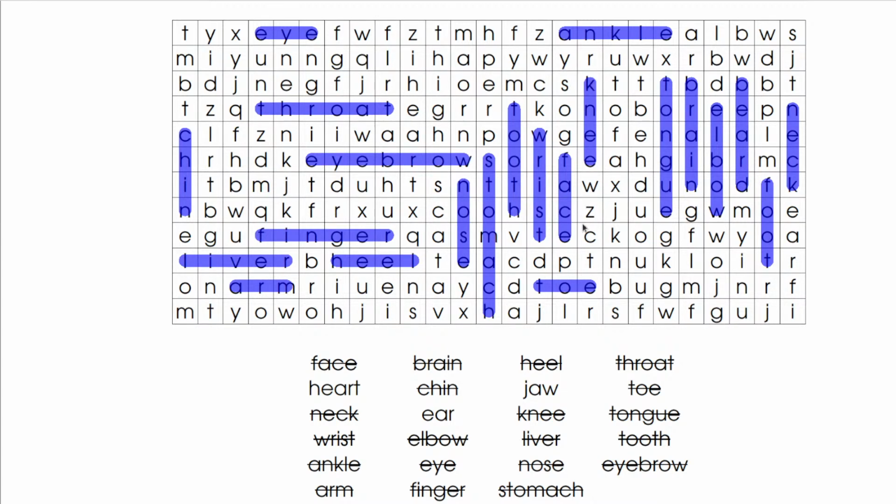Knee. Thigh. There we go. We've got heart where it crosses the other one.